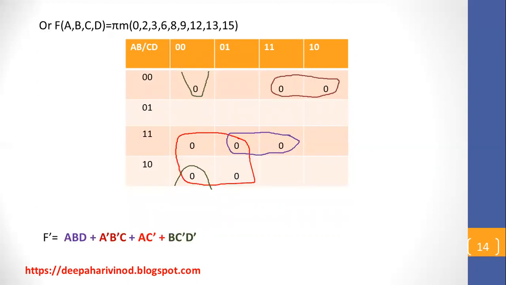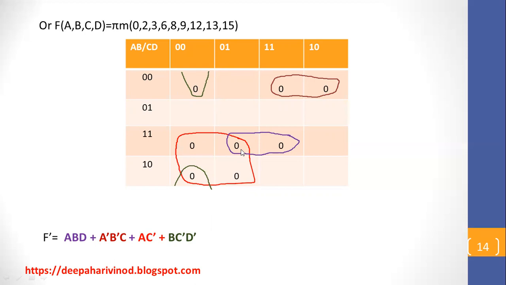So we will get the POS. I have marked all the leftover places with zeros and later made groups. First, these 4 can be grouped together. So what will the equation be?